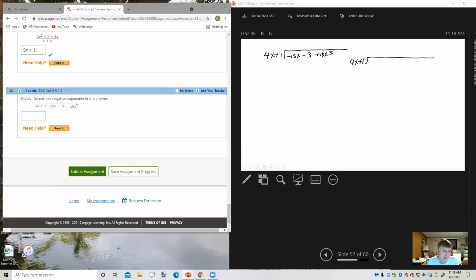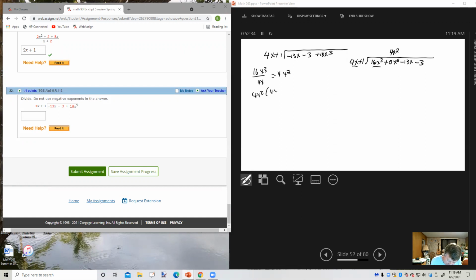Inside, not only do we need to rearrange them in descending powers, but we have a missing power. So it's going to be 16x cubed plus 0x squared minus 13x minus 3. Okay. Leading term divided by leading term. 16x cubed divided by 4x is 4x squared.